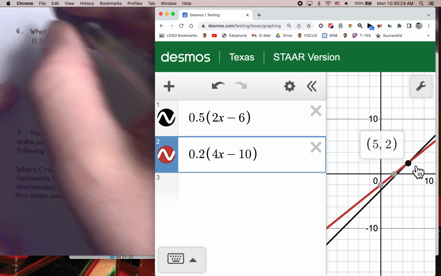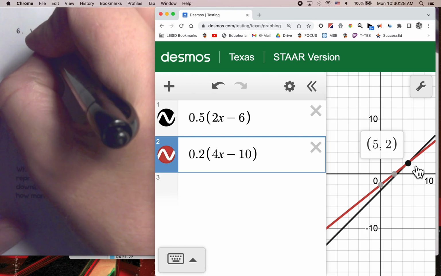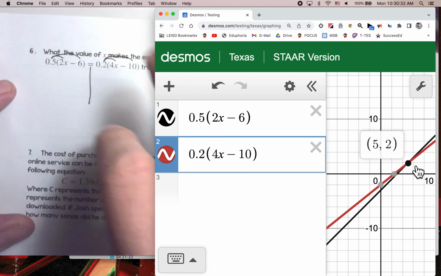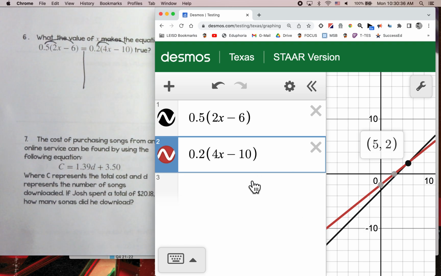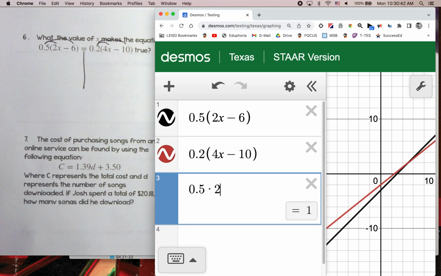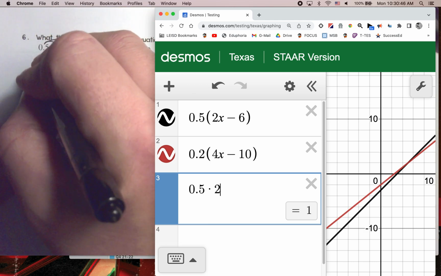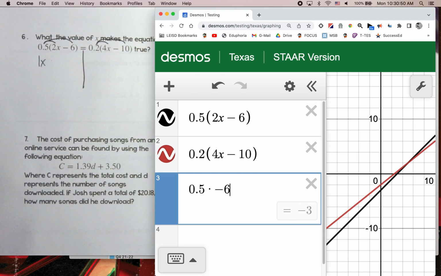I'm going to ask myself, can I distribute? Well, there's parentheses there, so we'll multiply through. So I'm going to do that there, and then that there, okay? 0.5 times 2 gives me 1. So 0.5 times 2x is 1x. And then 0.5 times -6 is -3.